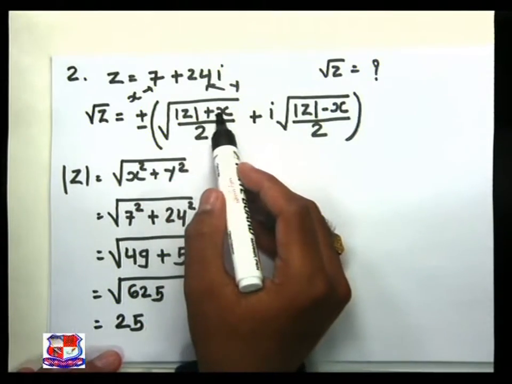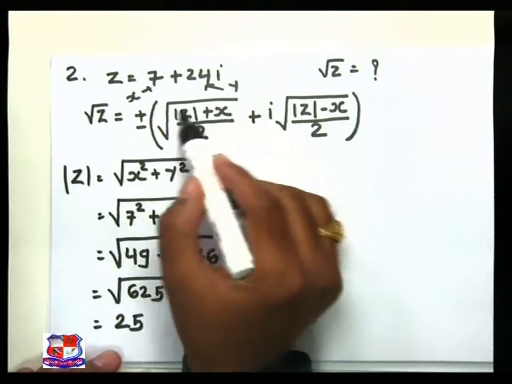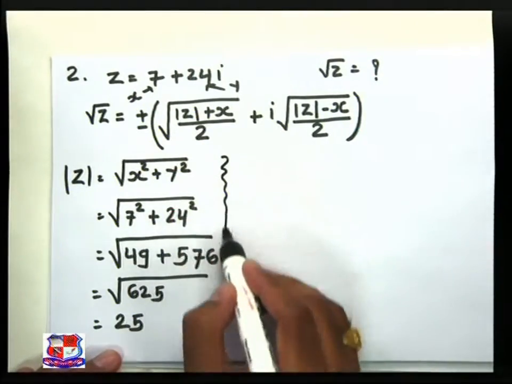Now x value is 7, so we can easily find under root of z.